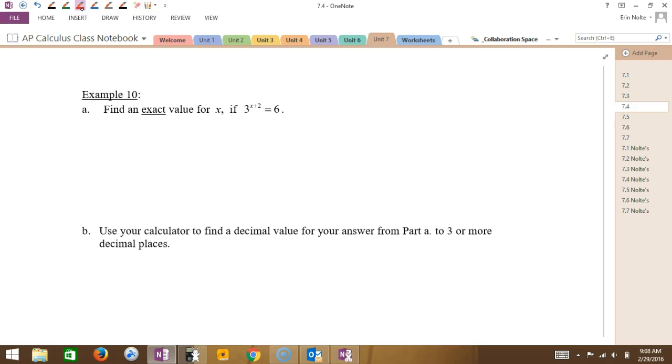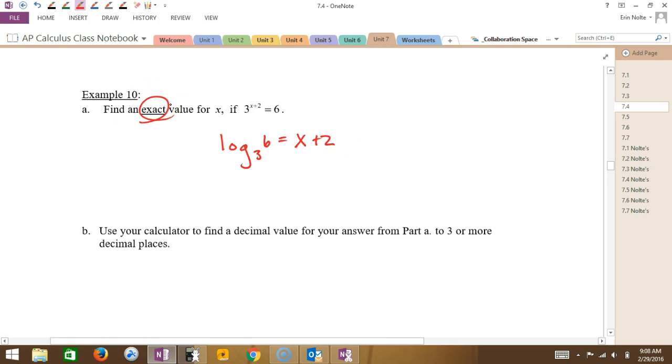If it's in exponential form, what do I do? Convert it to logarithmic, so it's my logarithmic form. Log base 3 of 6 is equal to x plus 2. Now, did anybody else notice that it said exact?